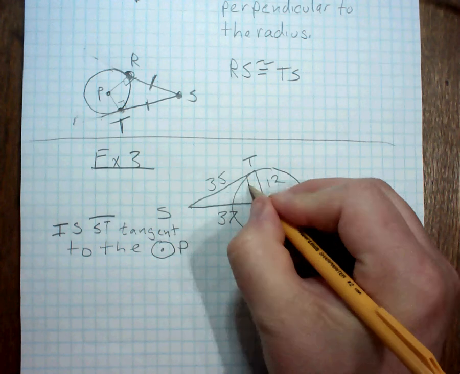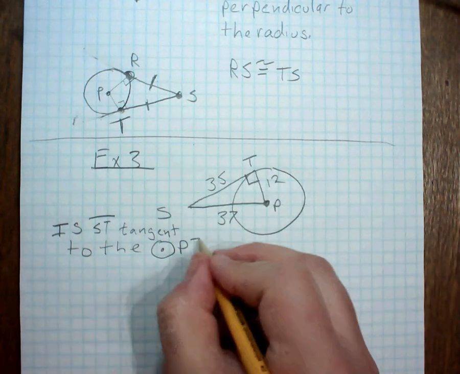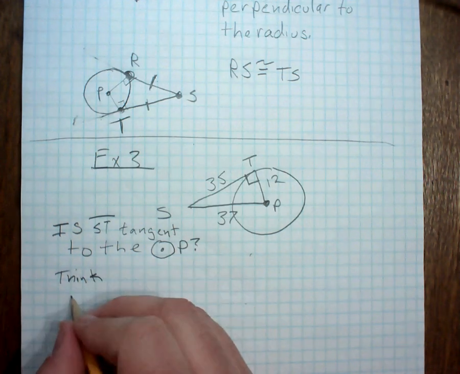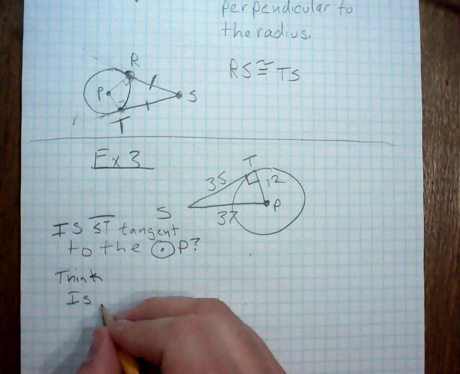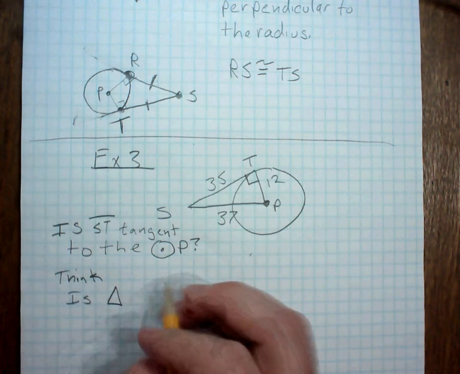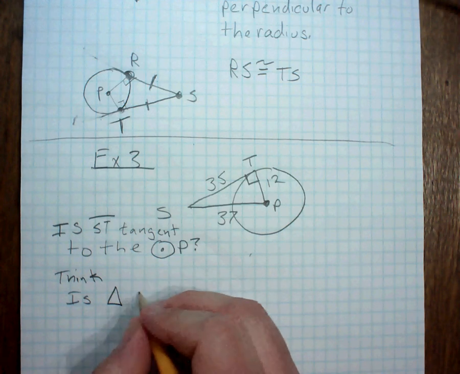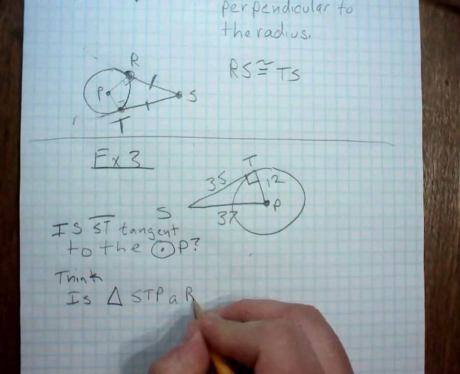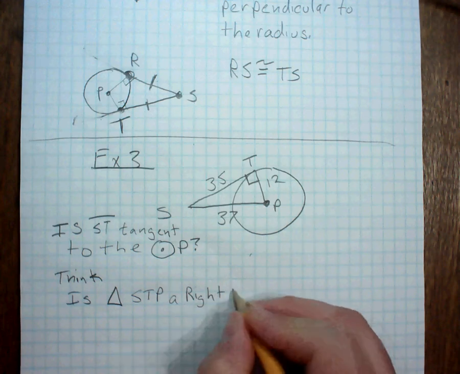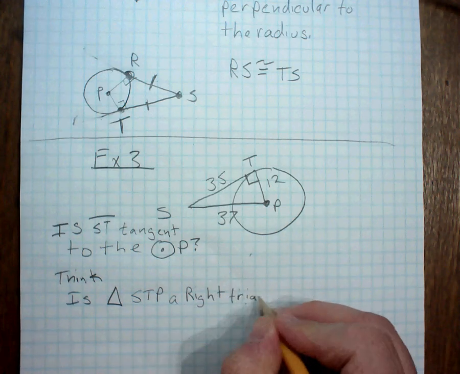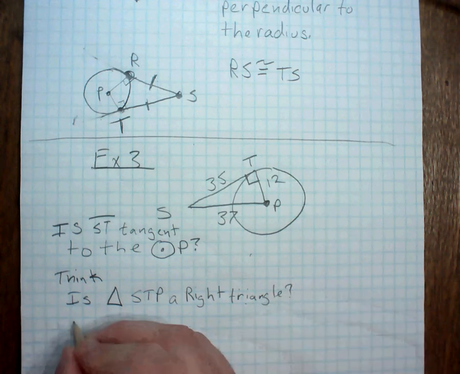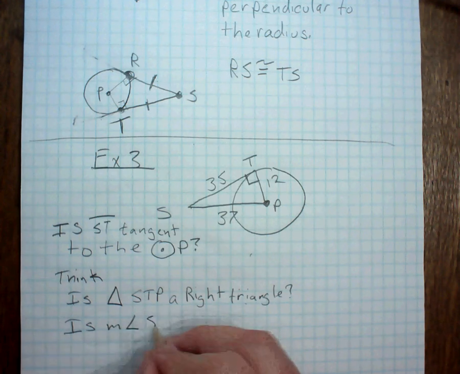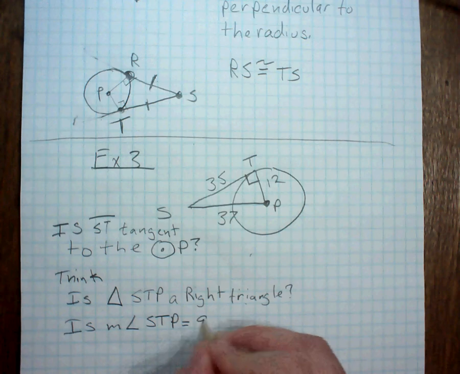What they really want to know is this line segment, so that's the question they're asking, and we need to think, is triangle STP a right triangle, and then also is the measure of angle STP equal to 90 degrees.